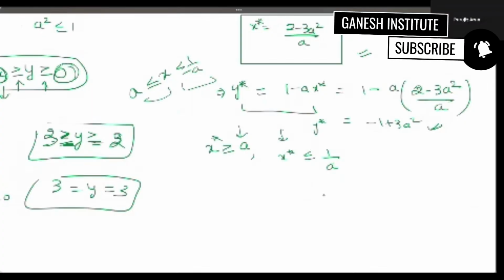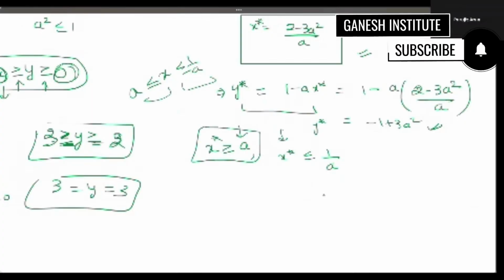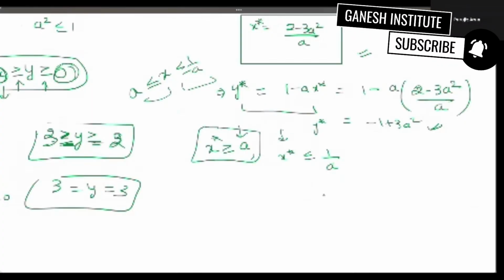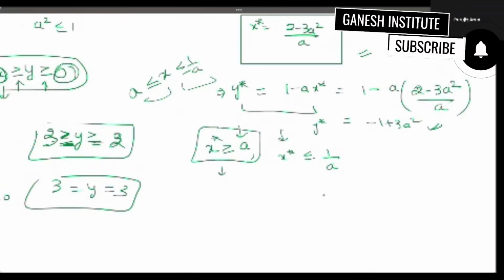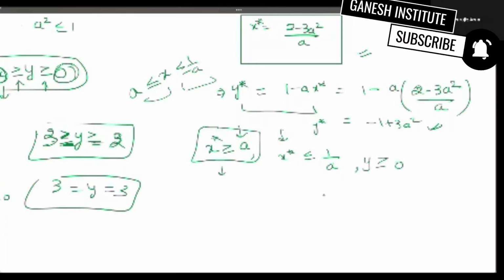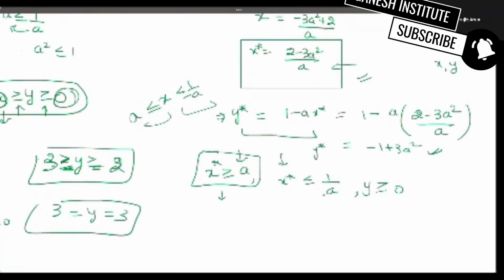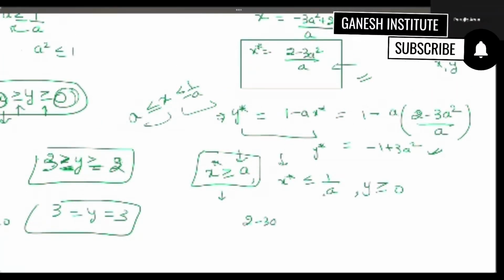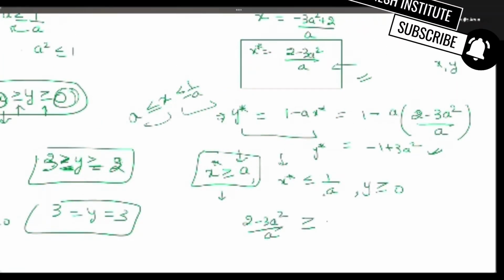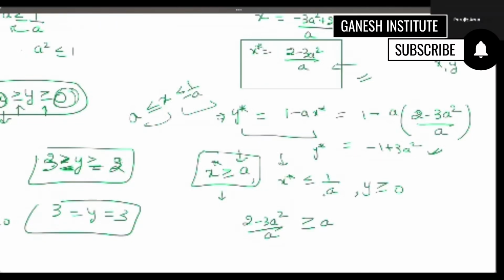हाँ. Now let's check for this one first. If x is greater than or equal to a and y is greater than or equal to 0. So this is x, 2 minus 3a square by a. This has to be greater than or equal to a.